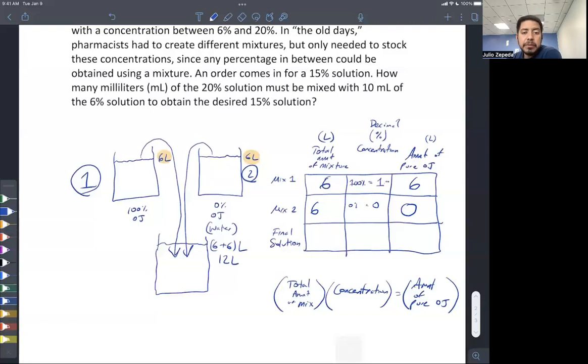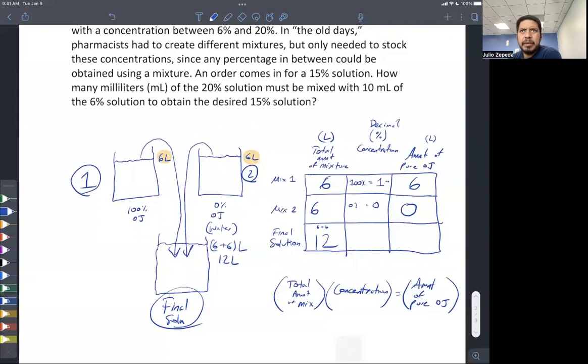Okay, and then for the final solution, we're mixing 2 of them together. How much total liquid is going to be in there if we mix the 6 liters and the 6 liters? Well, this is going to be 6 plus 6, right? We just add down the amounts, and I'm going to put a big 12 there.